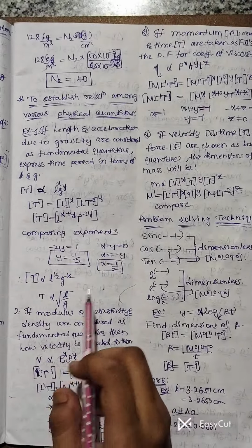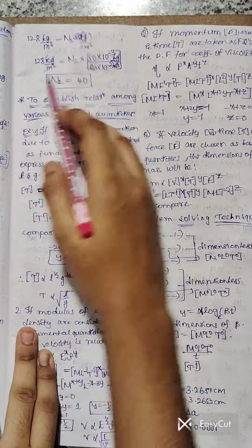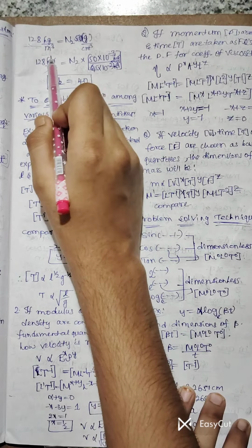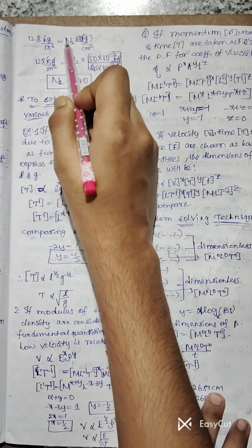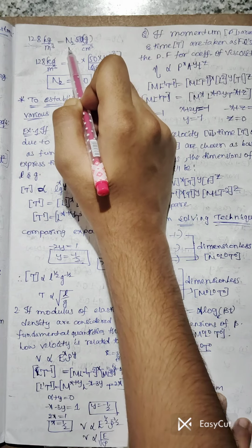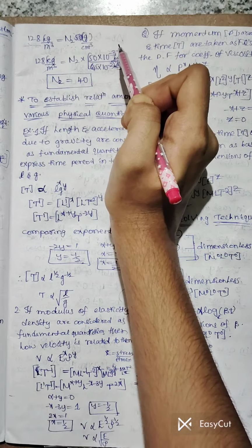Now they have given 128 kg per meter cube, so n1 is 128 and u1 is kg per meter cube. We have to find n2 here, and the unit was given as 25 centimeter and 50 gram.